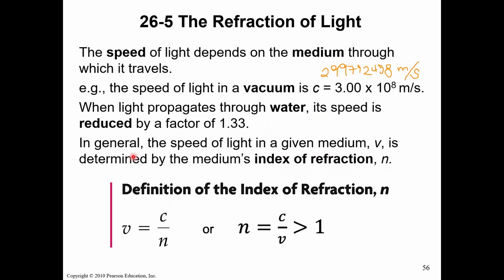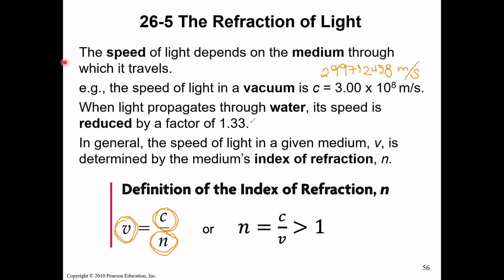It is defined so that the speed of light inside the medium, v, is the speed of light inside vacuum, c, divided by the index of refraction, n. So v is the speed in the medium, c is the speed in the vacuum, and n is the material or medium property.